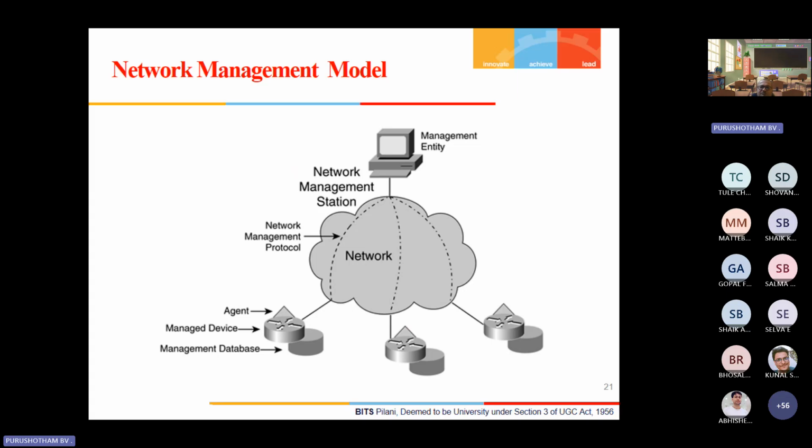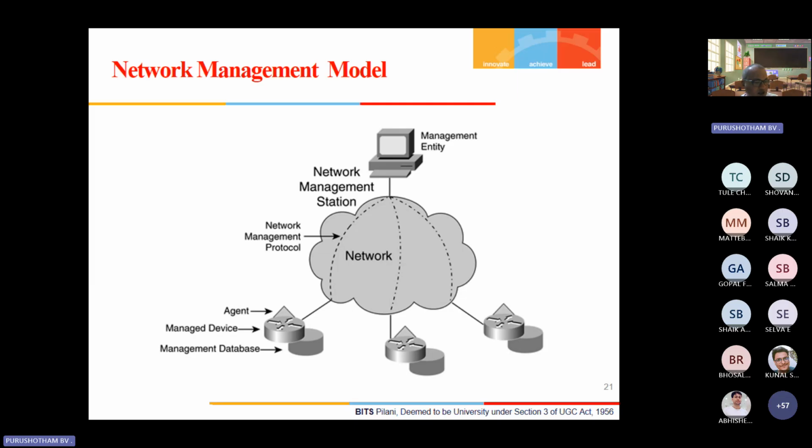So as we told, there is a management entity. Then we call that a network management station. There is a big network, which uses the network management protocol to exchange between the things. There is something called the agent or managed devices and the managed databases.